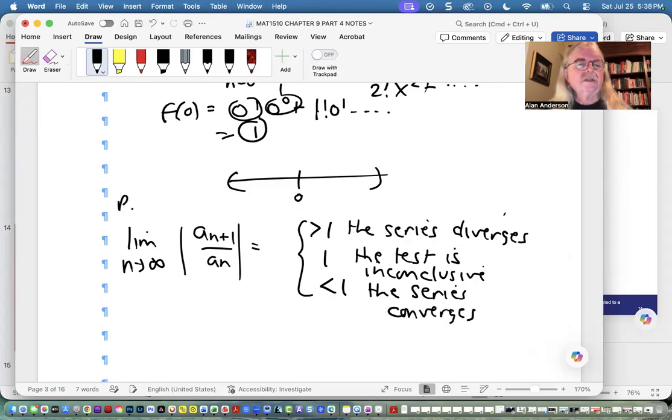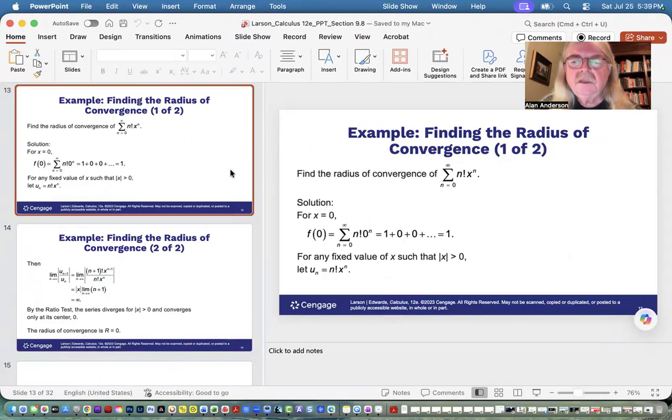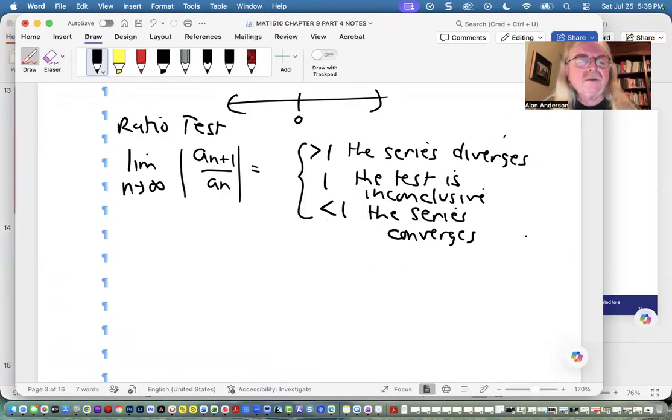And this is the ratio test. So here they're using this as our example. You notice how they're rewriting it slightly, with u as a function as opposed to a constant.